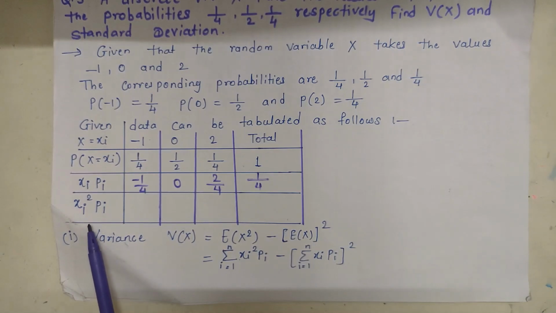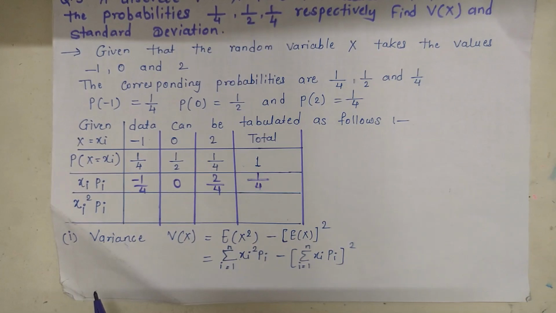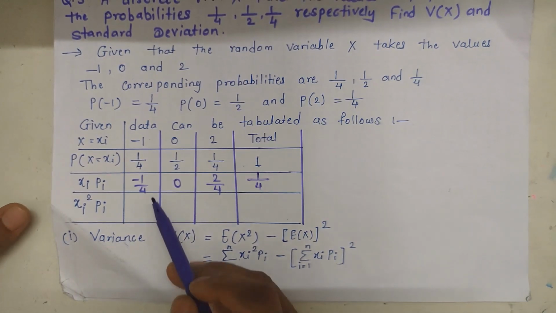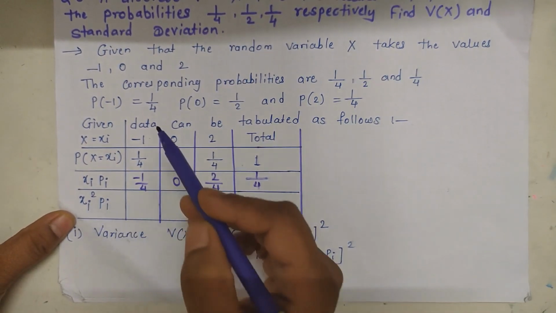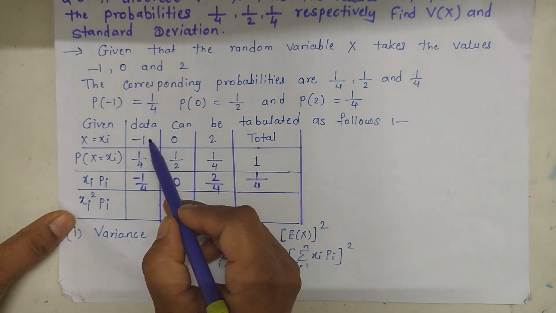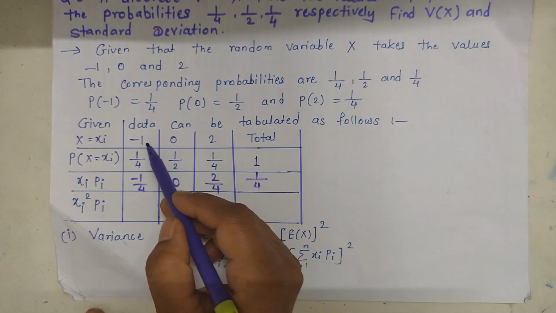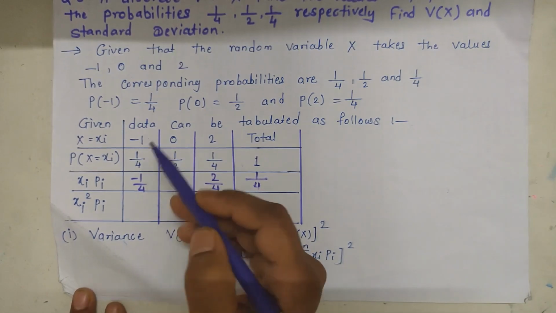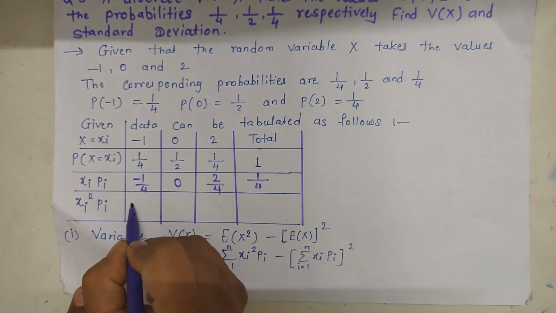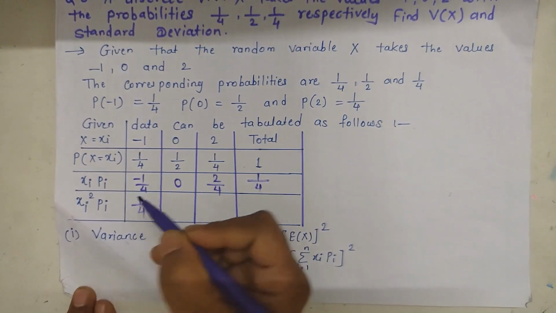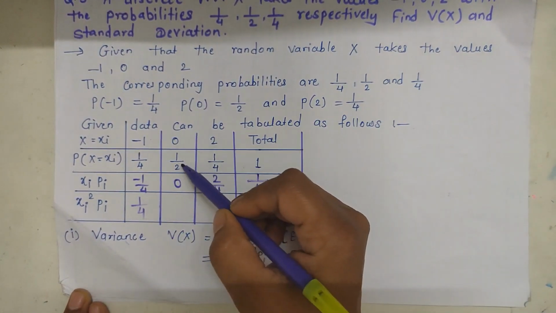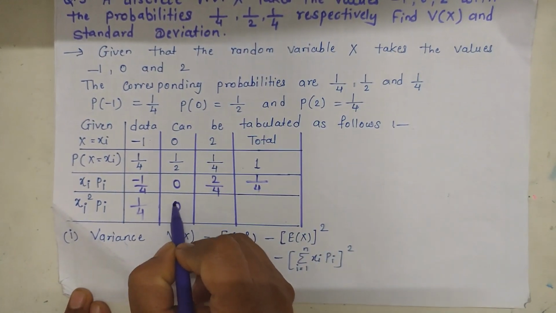The next row is the product of xi square into pi. The first value of xi is -1, and the square of -1 is 1, into pi, so the product is 1/4. Next product, 0 into 1/2, is 0.